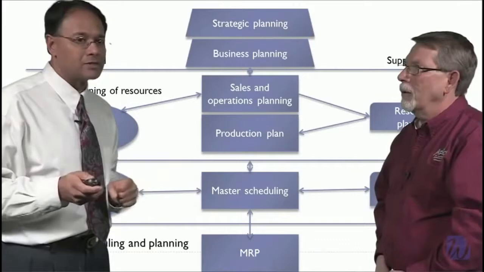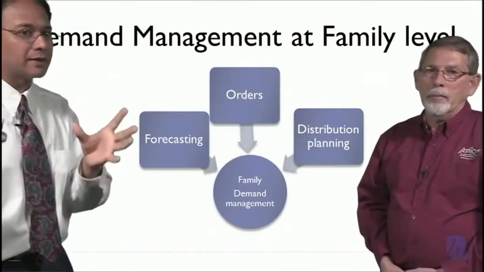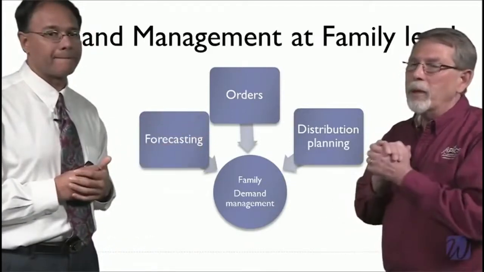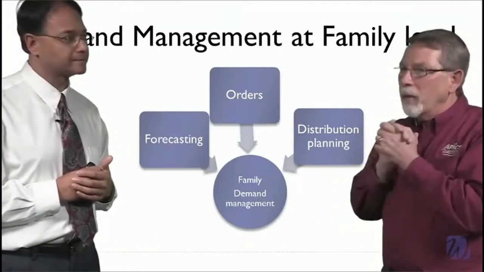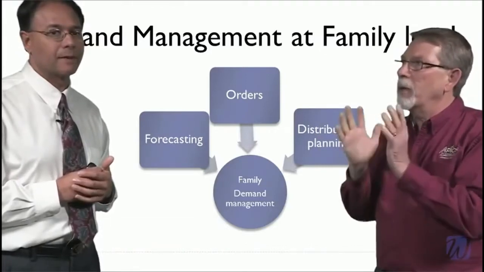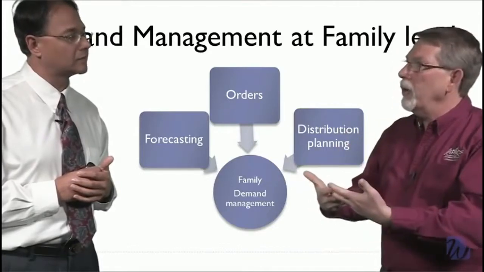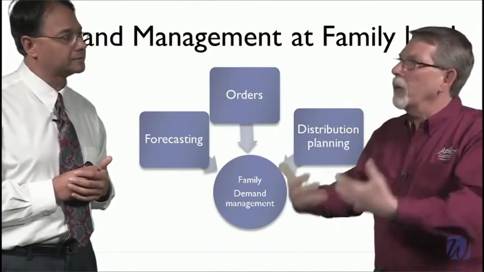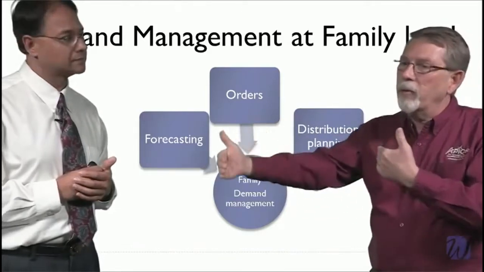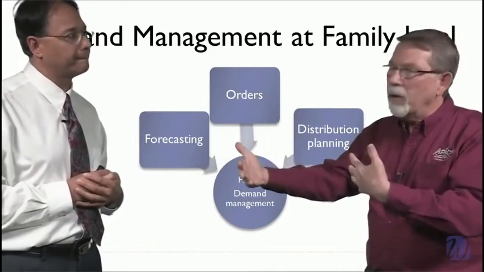Let's look at the next component, what goes into demand management at the family level. Demand management is a combination of what sales and marketing do. They're the owners of demand management. They need to look at what orders they already have, and then forecast what they think is going to happen, because we need to forecast over a period of time in order to get the right materials at the right place at the right time.